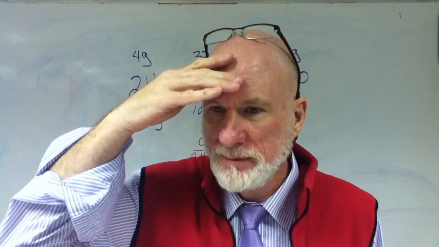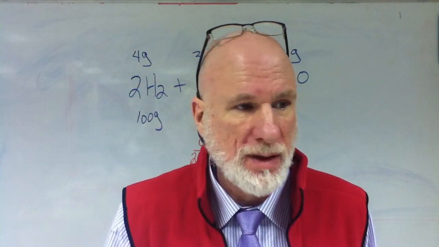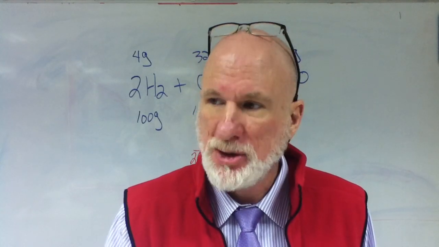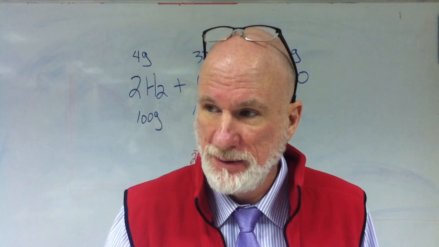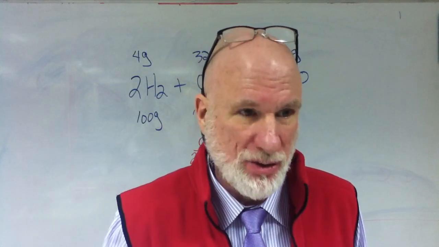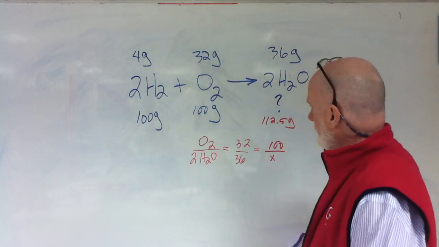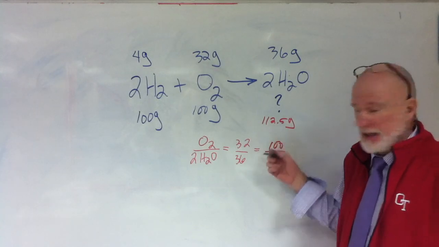Now, listen carefully. If I consume the limiting reagent, how much water will be produced? 112.5 grams, correct? That's called the theoretical yield. Theoretically, that's what I should get. I shouldn't get more than that, and I shouldn't get less than that.